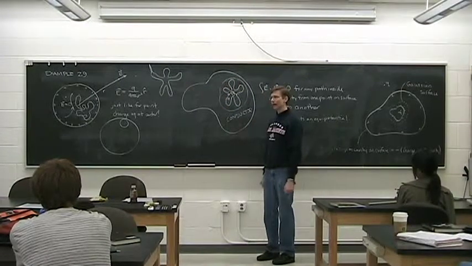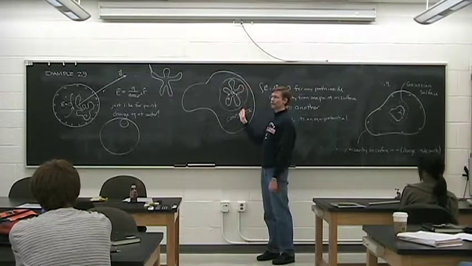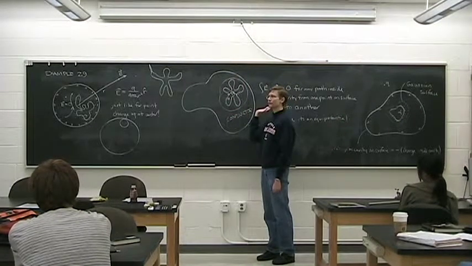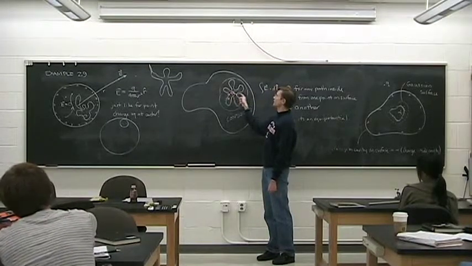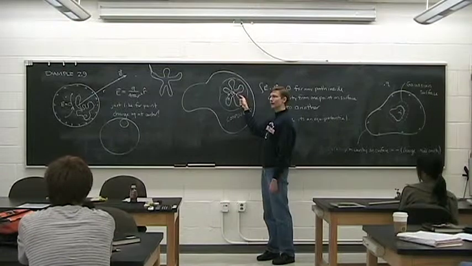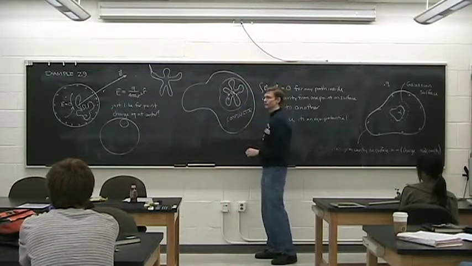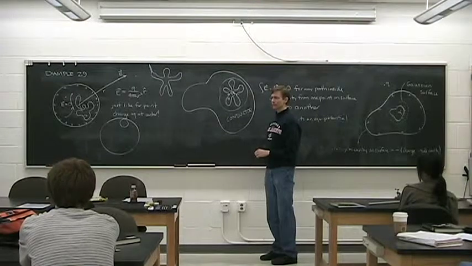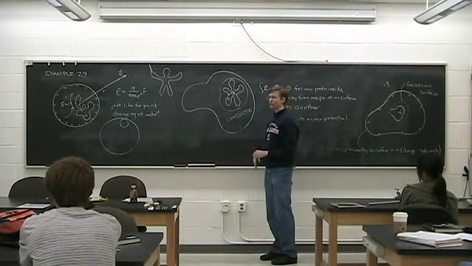If there's no Q inside, maybe it distributes itself with plus on one side, minus on the other, so there's still no net charge. If that were the case, there'd be field lines connecting the plus and the minus charges to one another, and then there'd definitely be a line integral of the electric field between those two points. But wait a minute, it's an equipotential, therefore there can't be a line integral of the electric field between those two points. Therefore, there isn't any charge accumulated on the surface.